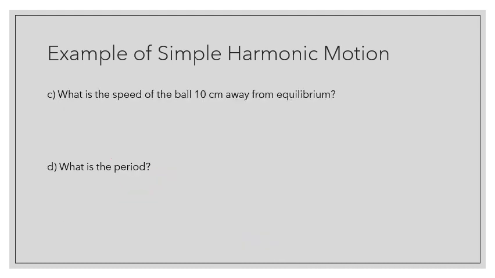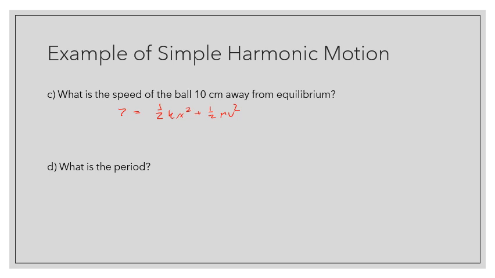What's the speed of the ball 10 centimeters away from equilibrium? We would use the same base equation: 7 is equal to 1/2 kx squared plus 1/2 mv squared. 10 centimeters is not the farthest away from equilibrium it could be, and thus we do not cross either of them out.